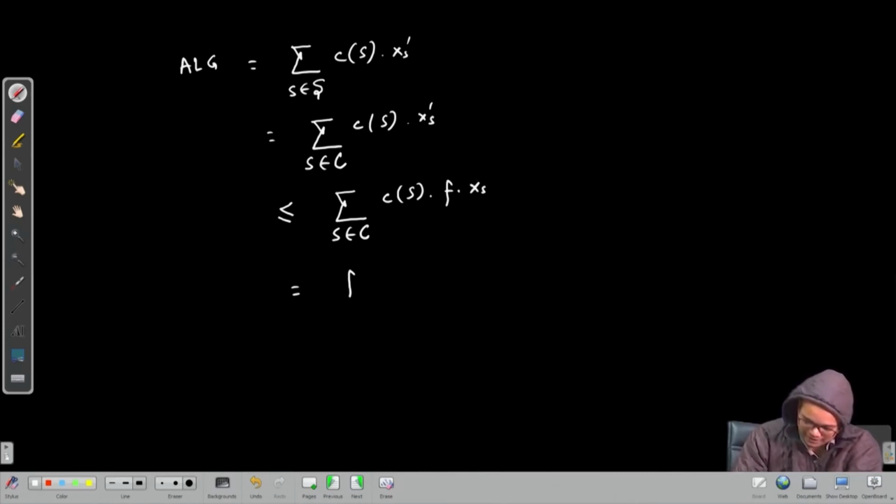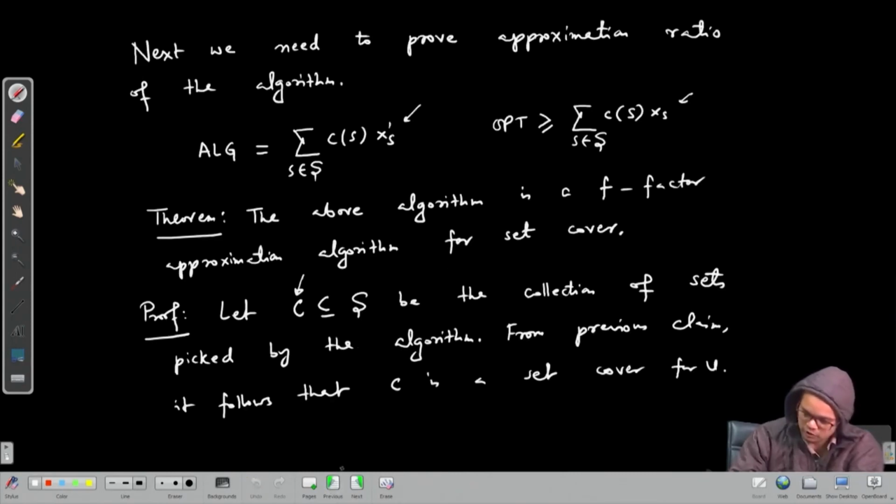So this is f times the summation over S in C of cost of S times x_S. But this is less than or equal to f times OPT. This is from here, that OPT is greater than or equal to this.